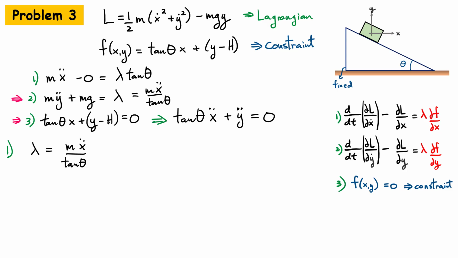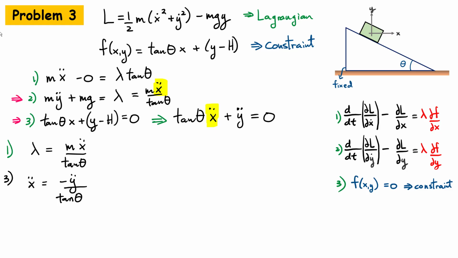Okay, so what I want to do now is eliminate x double dot and have everything only in terms of the y variable. I can do that using equation 3. From equation 3, you should be able to write that x double dot has to be equal to minus y double dot, divided by tangent of theta, just the constant.